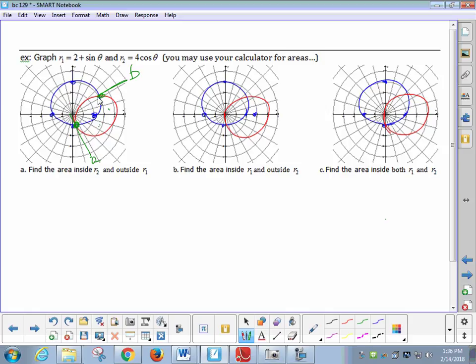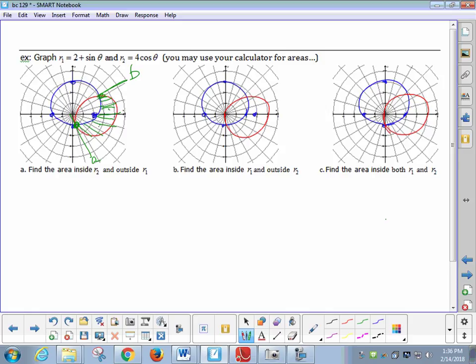Draw some slopes. Is there symmetry to be had? No, there's no symmetry in that region, so you're going to have to do the whole region.